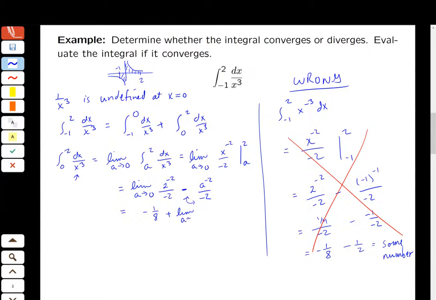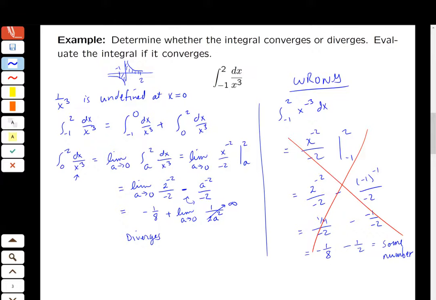Limit as a goes to 0, and I'm going to write this as 1 over 2a squared. Take that down into the denominator. What happens as a goes to 0? Where does the whole thing go? 1 over tiny is infinity. So this whole thing goes to infinity. So what happens to that integral? It diverges. Diverges to infinity.